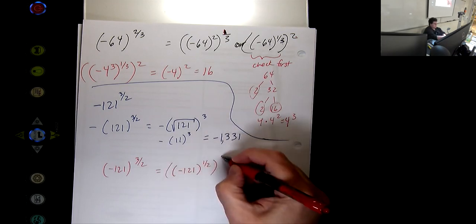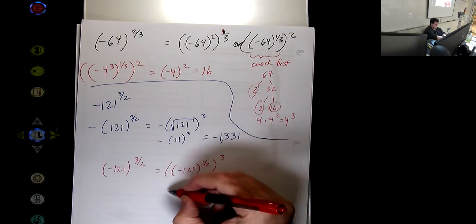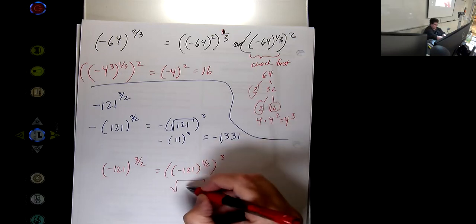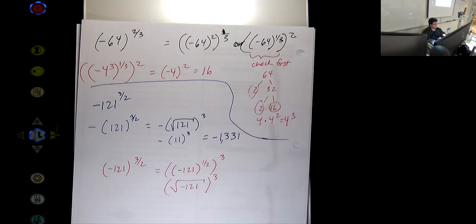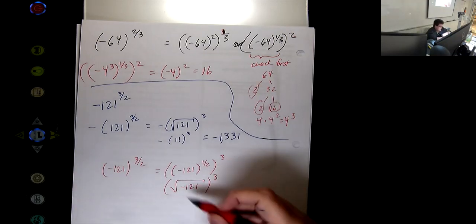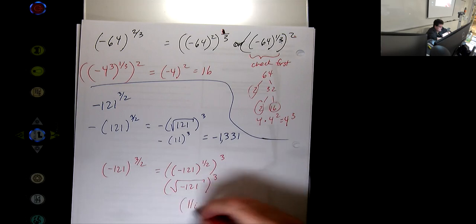Like that? Okay, so when we do that, we have the square root of a negative number. The square root of a negative number is actually going to be a complex number. For now, it doesn't exist in the real world. So that would have given you 11i on the inside.